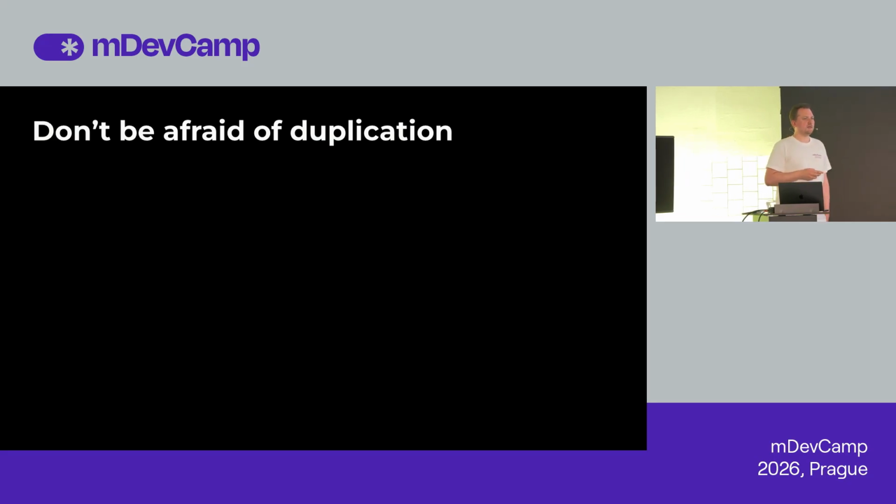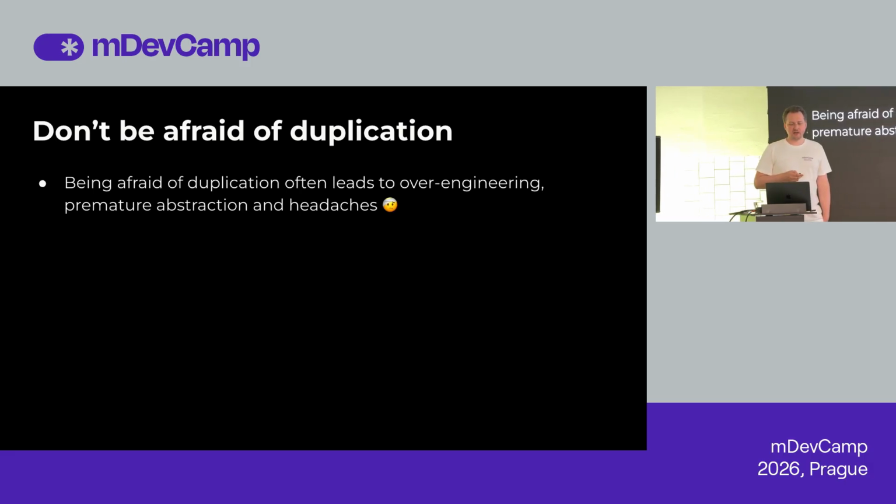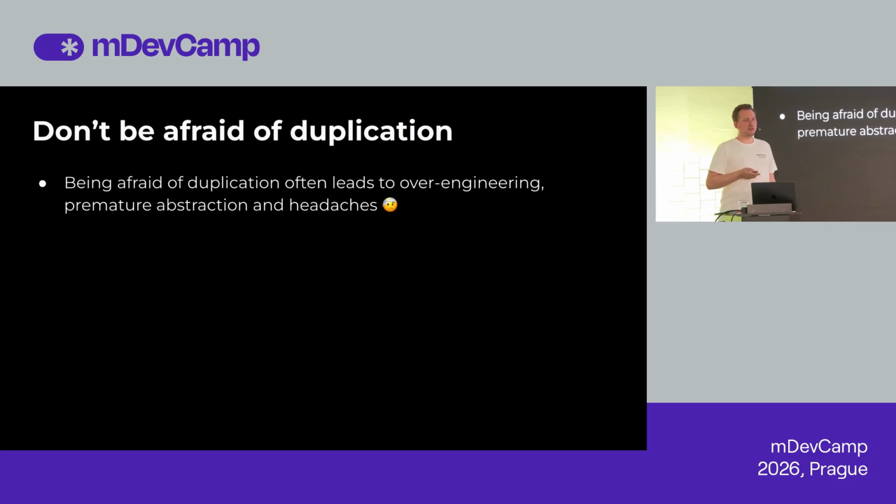Another thing I saw a lot in code bases is developers, mostly senior developers, being really afraid of code duplication. It's like a secret law you should never break, that the code should never be duplicated. It's good in theory, but in practice it often leads to over-engineering.